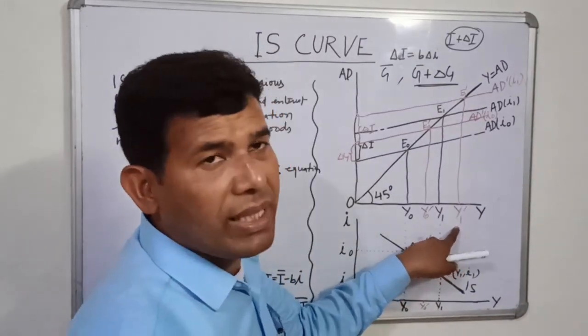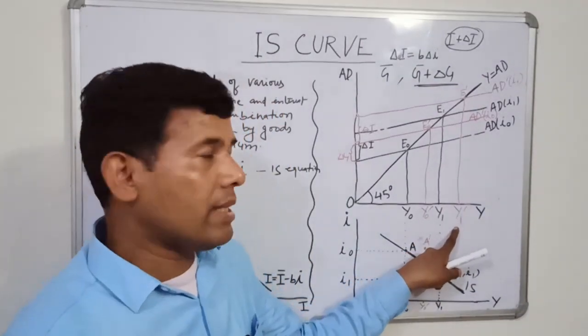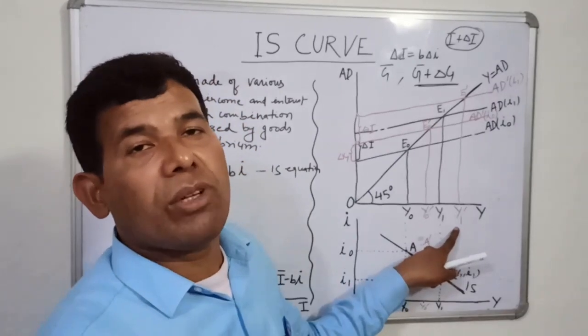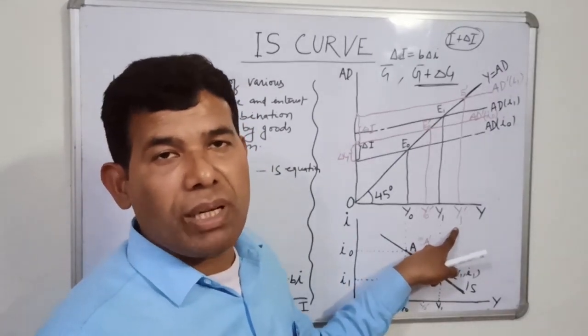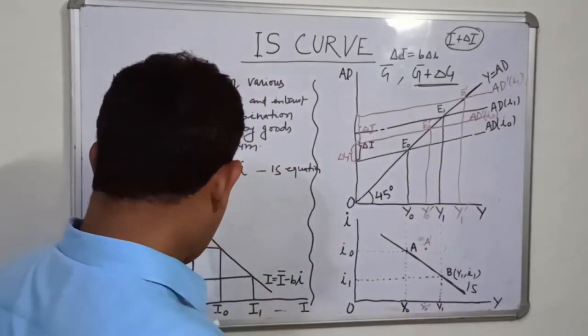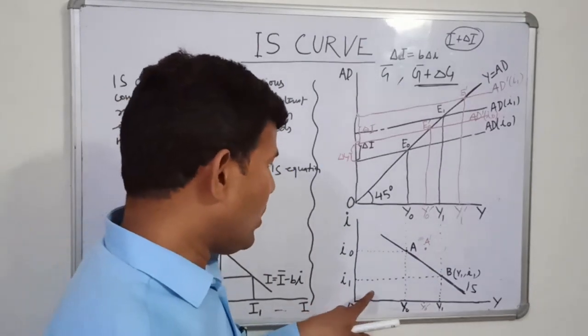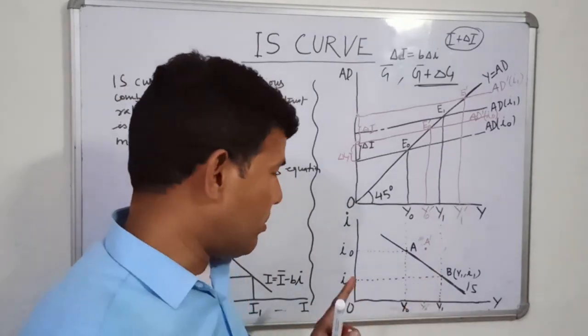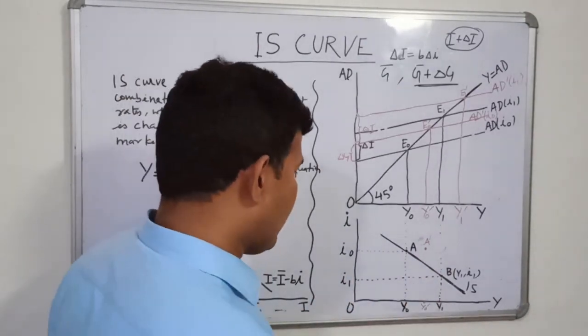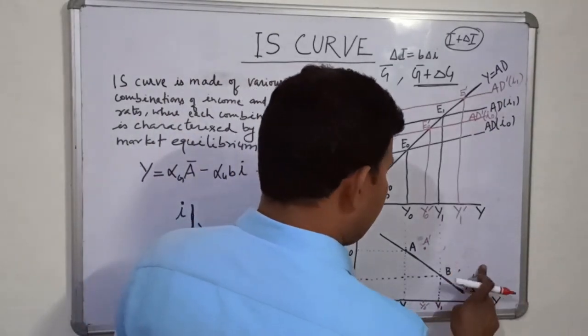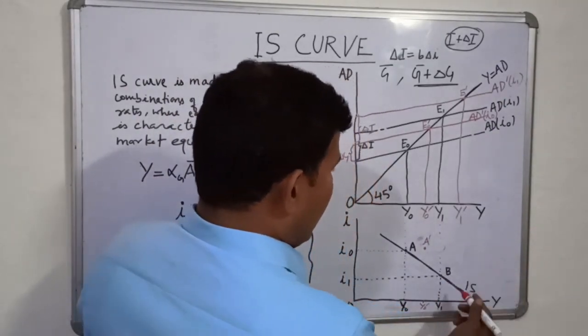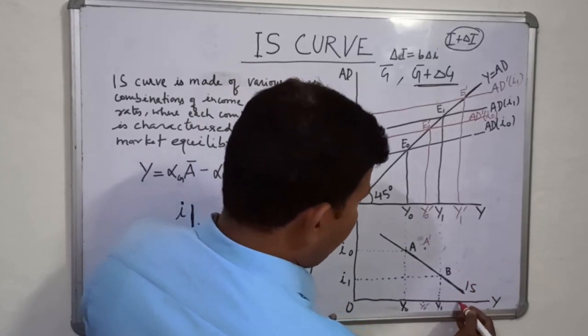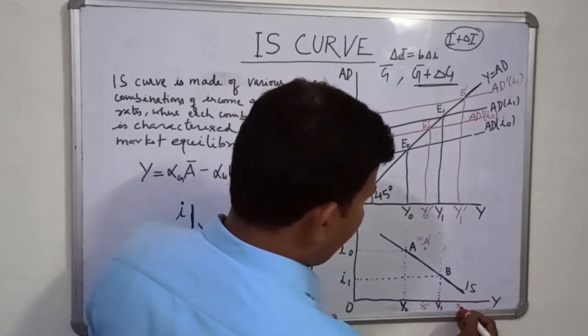Now this Y1 dash equilibrium level of income corresponds to which level of interest rate such that the goods market is in equilibrium? I1. So we can show this new combination of income and interest rate in the second diagram here, by identifying the new equilibrium level of income over here. So this is your Y1 dash.